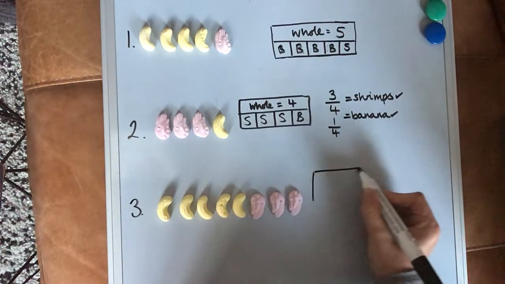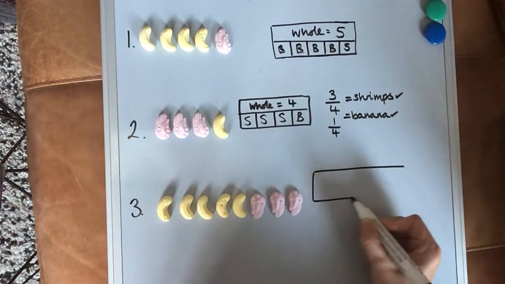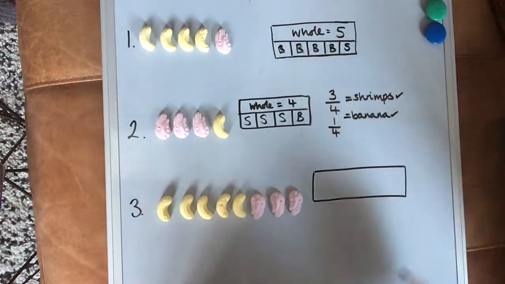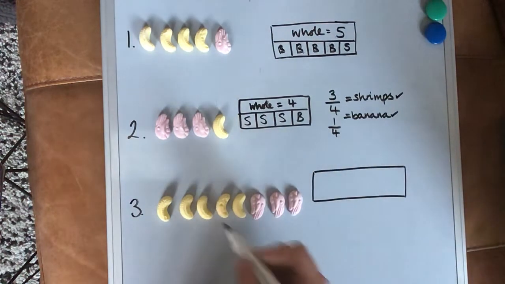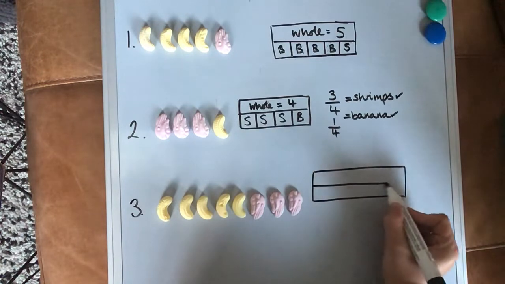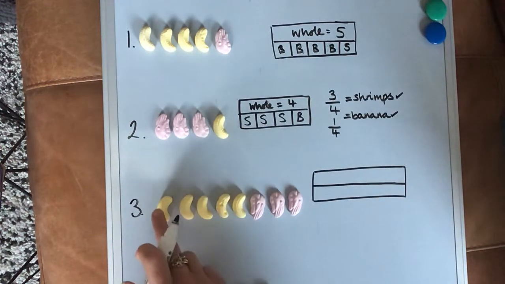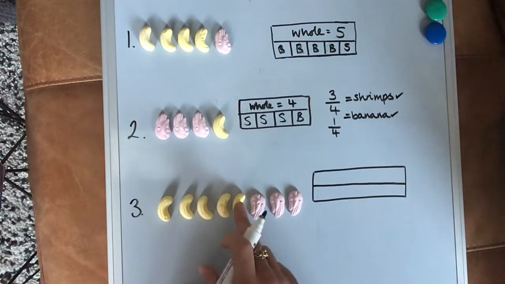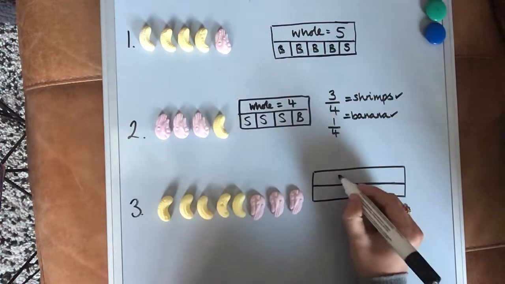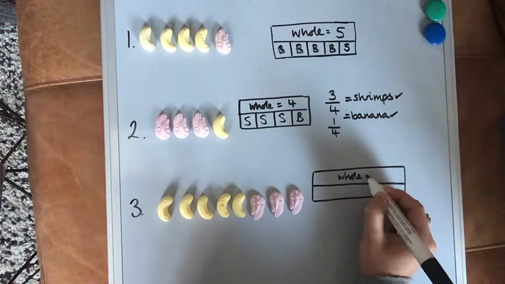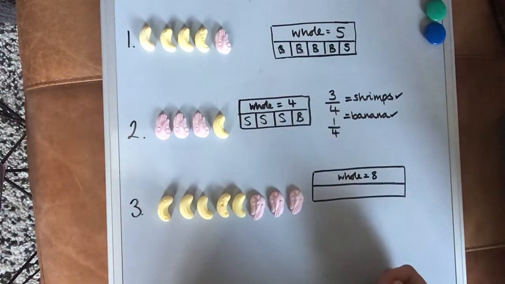So let's draw out my bar model here a bit longer this time because we've got more parts, and split that down the middle. So how many sweets in total? 1, 2, 3, 4, 5, 6, 7, 8. So our whole amount of sweets in total is 8.